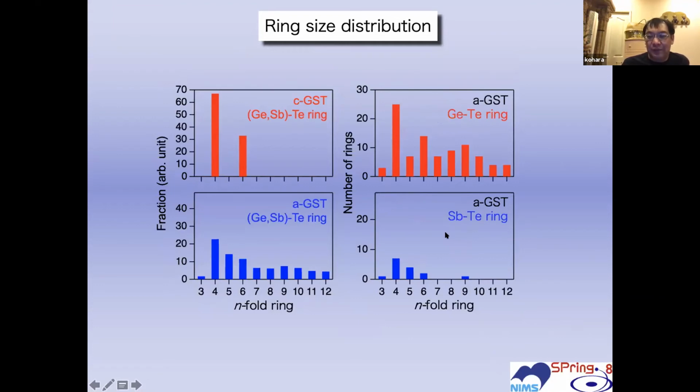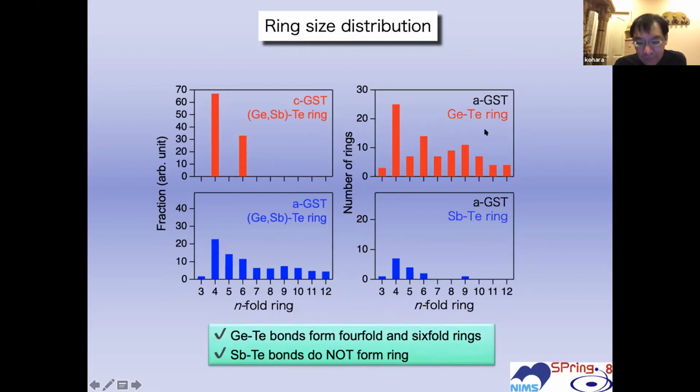By this analysis, we found germanium tellurium forms a large fraction of rings, and antimony tellurium doesn't form rings. So germanium tellurium is a network former in terms of ring formation. Germanium tellurium bonds form 4-fold and 6-fold rings, but antimony tellurium bonds do not form rings.